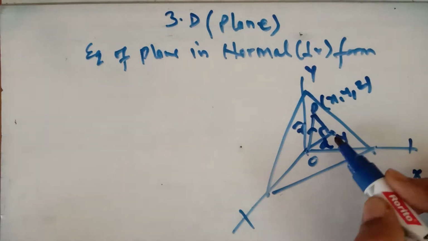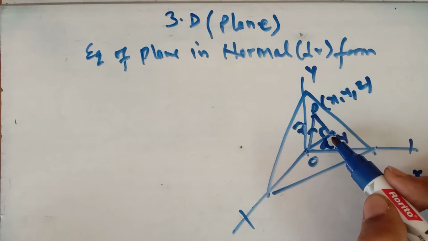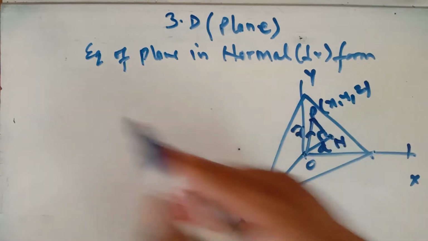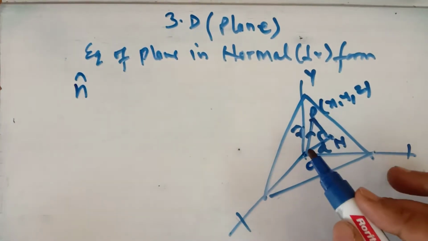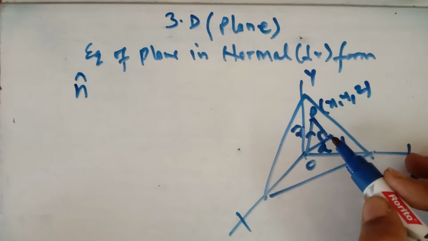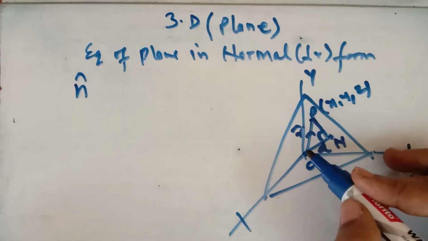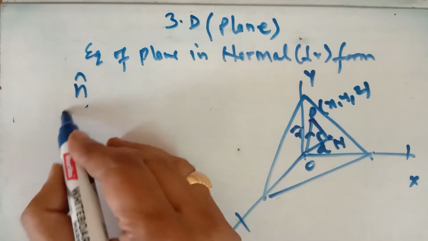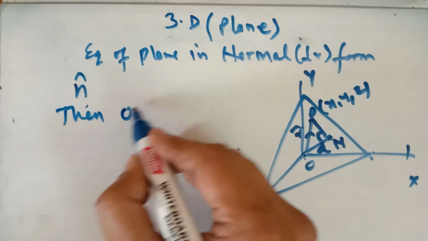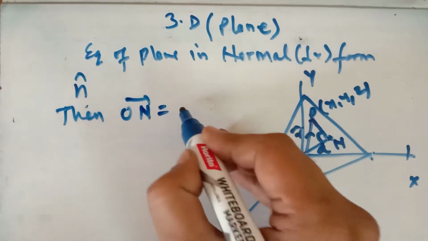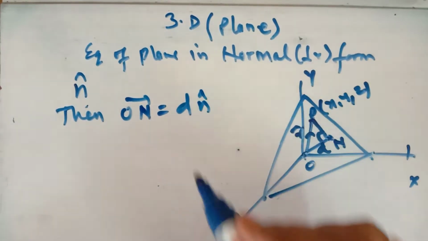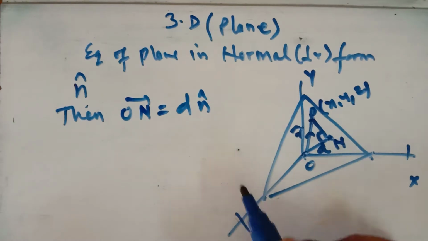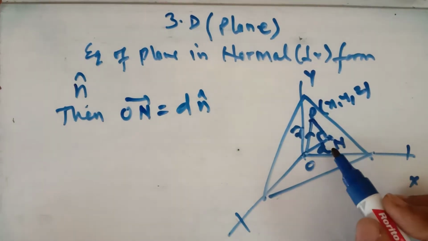Now if ON is the normal to the plane and n cap is the unit vector along the line ON, this is the unit vector along the normal. Then this vector ON will be equal to d n cap, because n cap is the unit vector along this vector ON.